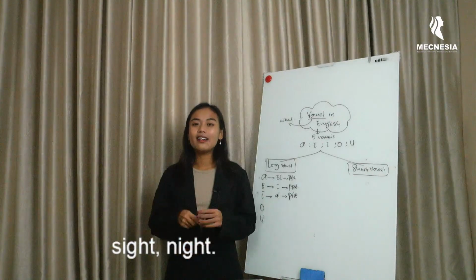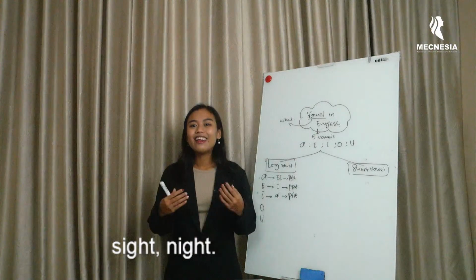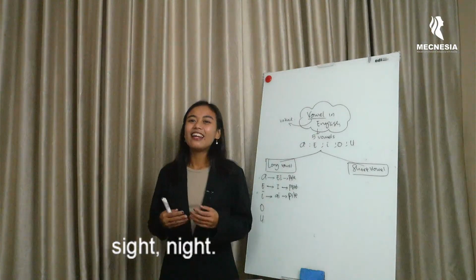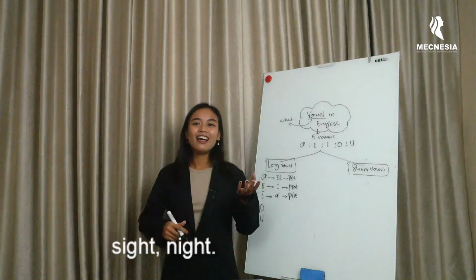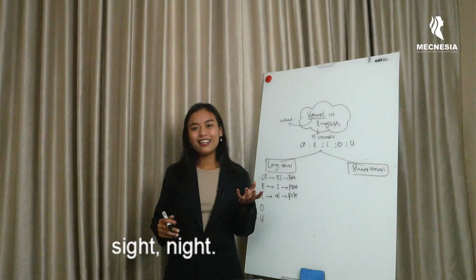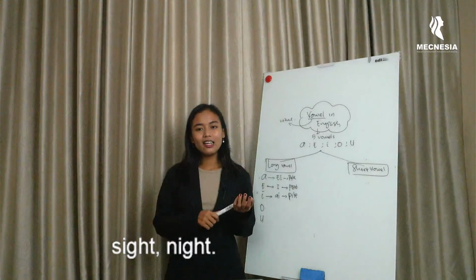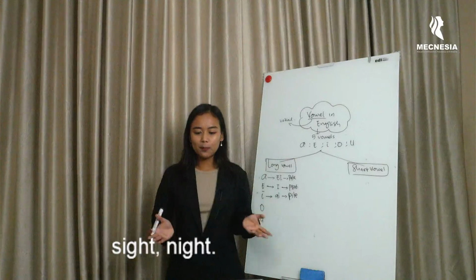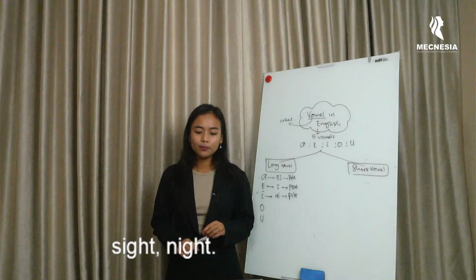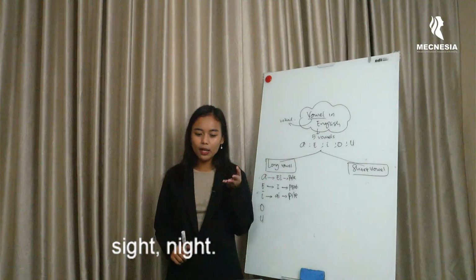And then in the word night. Okay, so we have side and night. Side itu means penglihatan. Night, malam.